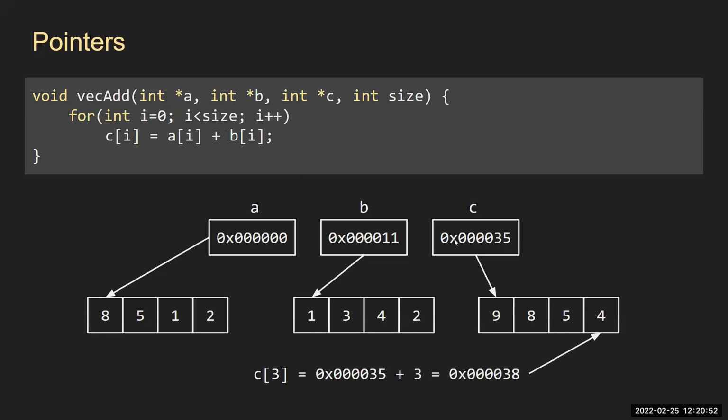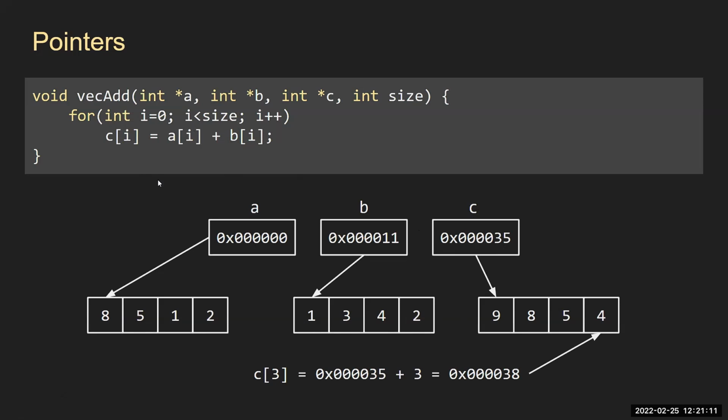And then if we were to get the value at A, it just says, oh, okay, I've got this address, so you want me to go here and get this value. Same thing with the other pointers, any pointer.